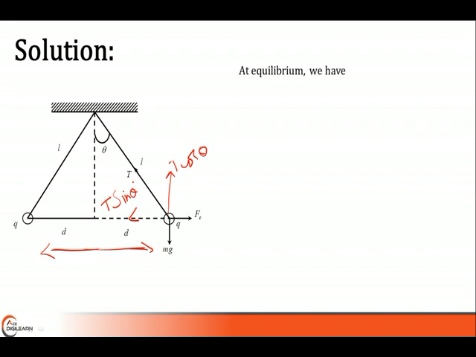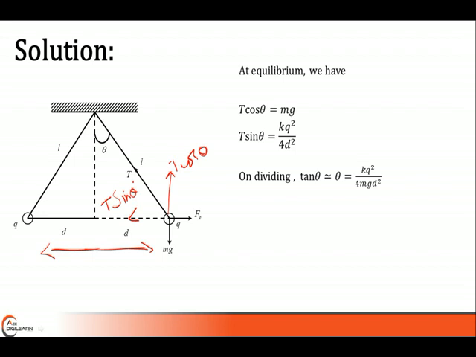So at equilibrium, T cos theta must be equal to mg, and T sin theta must be equal to the Coulomb force, which is k q square by 4d square. Again, k is 1 by 4 pi epsilon naught. On dividing the two expressions and solving, we get tan theta equals k q square by 4 mg d square.